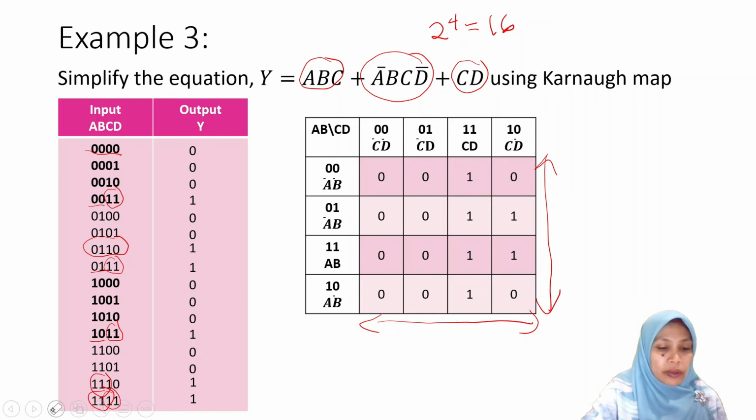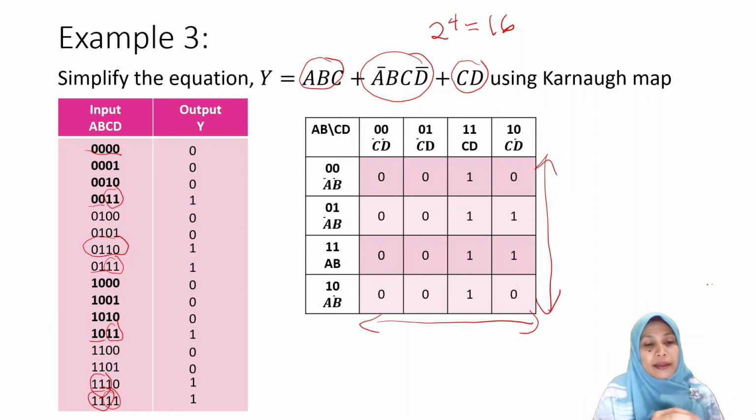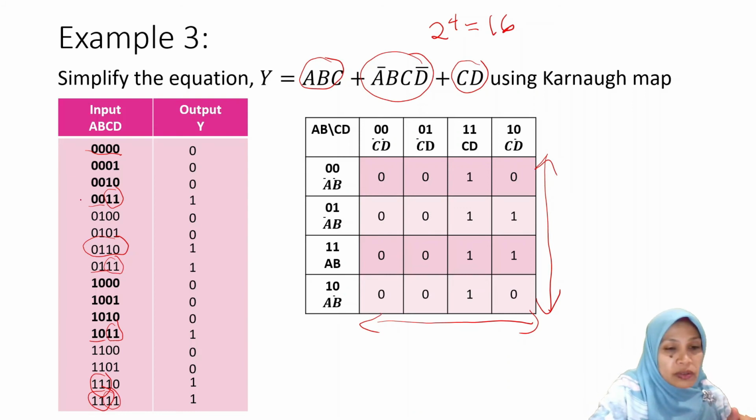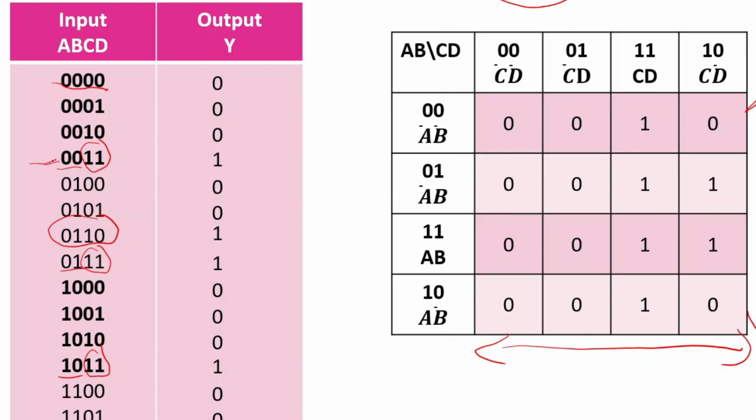Okay, how to map the output from the truth table into the K map. We find the input with output equal to 1. The first one is input 0011. 0011 is this cell, so we write down the output 1 here.